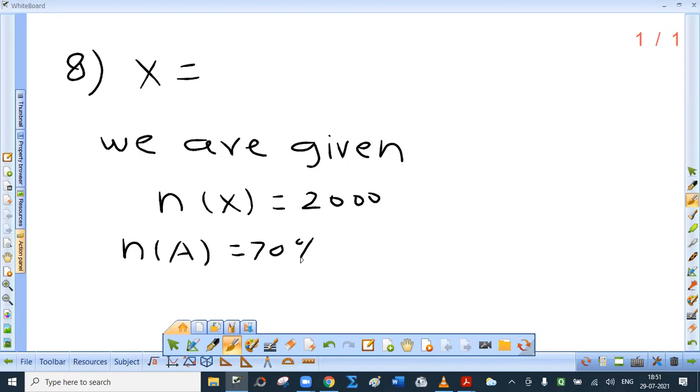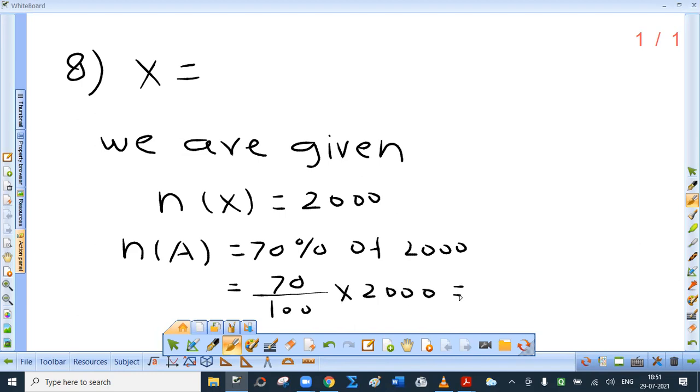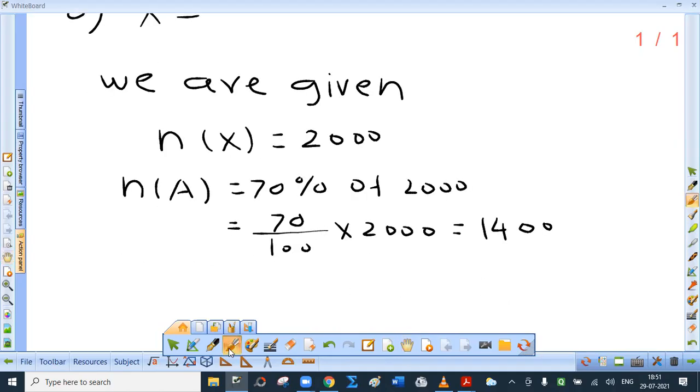70% of 2000. Percent means per 100. So out of 100, 70. So when I say 70%, by that I mean 70 upon 100 times 2000. Times means multiplication. So it comes out to be 1400. So this is n of A. These are simple sums.